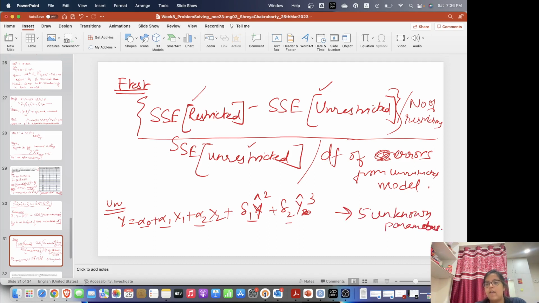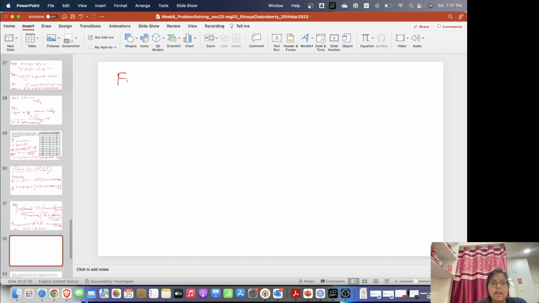So the degrees of freedom of error was total n minus 5. Here n was 20 and the number of unknown parameters was 5, so this was 15.